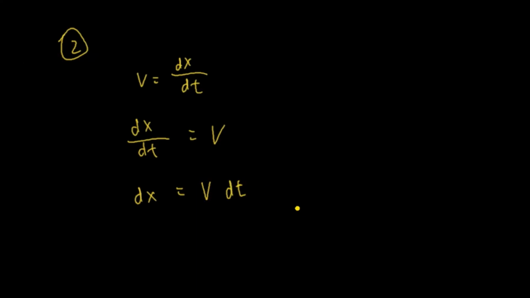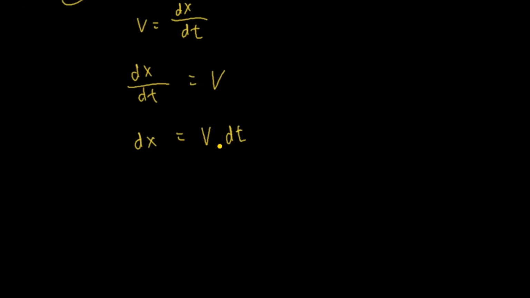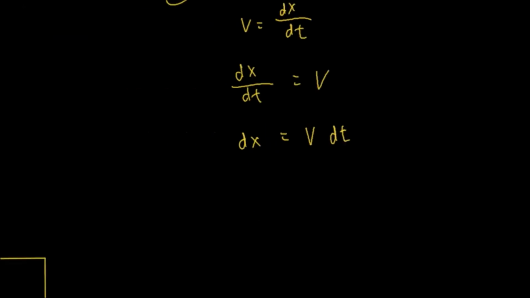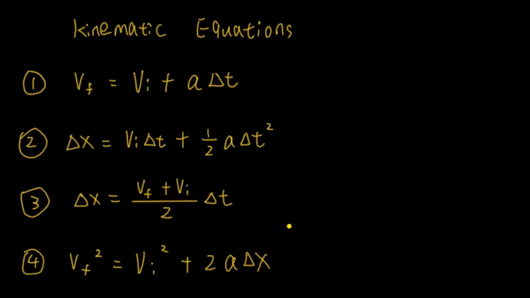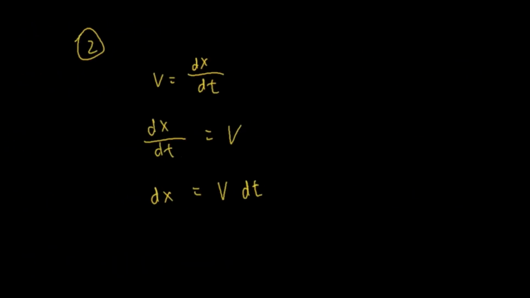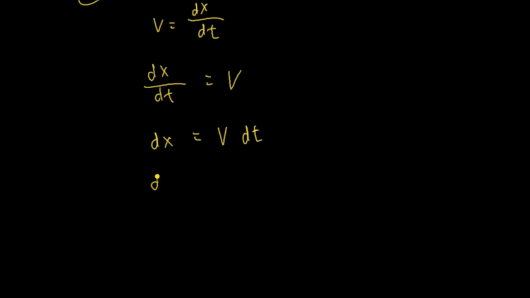Okay, before I integrate, we know that this is velocity. And I have velocity derived already for this one. So I can substitute this velocity, which is v initial plus a times delta t, into this v here. So I have dx equals v initial plus a delta t.